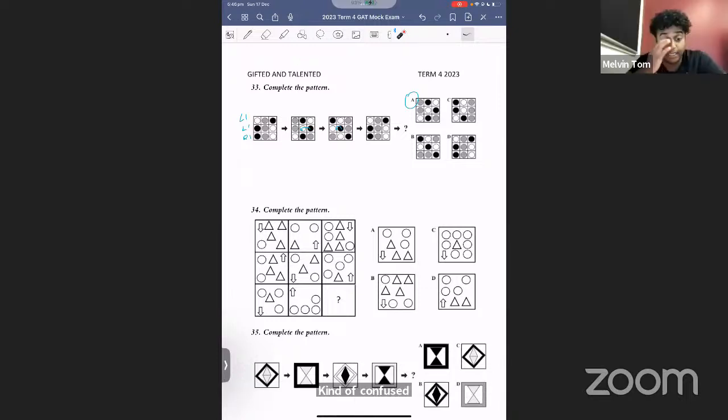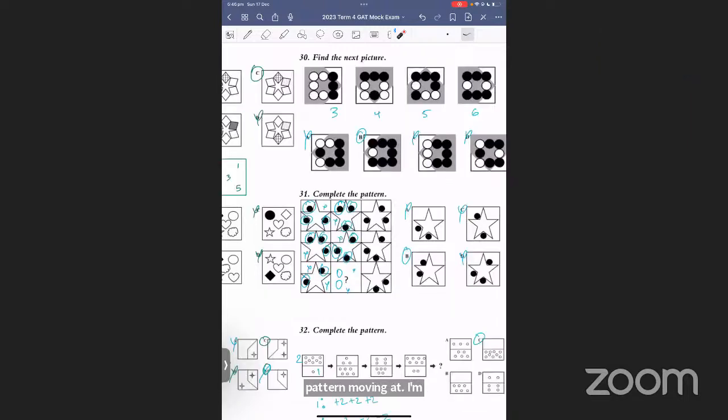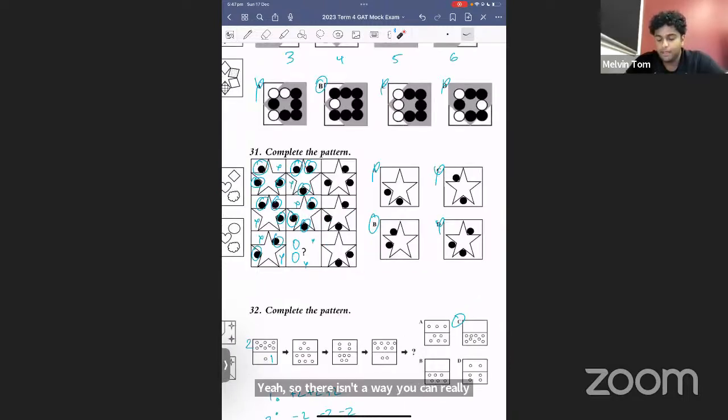Excuse me, Melvin, how do you know that it is column or row? Is there a faster way than looking row by row and column by column to see if it makes sense? I'm assuming you're talking about a question like 31, right, Felix? There isn't a way you can really tell straight away.